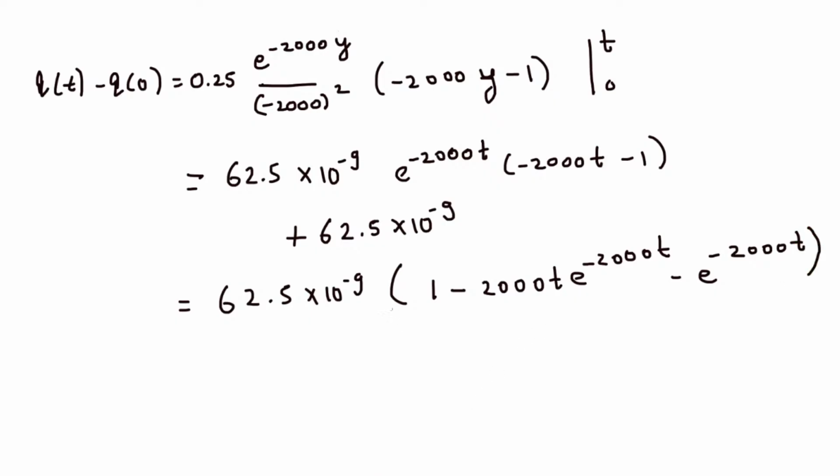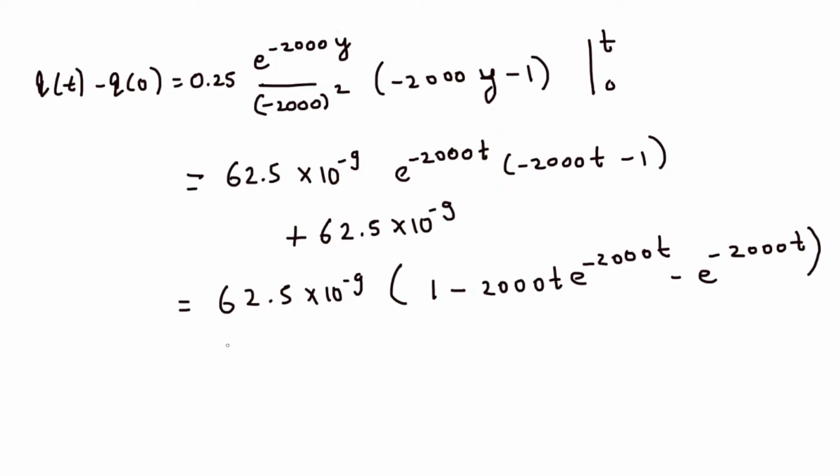Okay, and that is q t minus q 0, and q 0 is by hypothesis actually 0. It's when time is 0, what's the q is 0, so it's going to be just q t representing all these things.